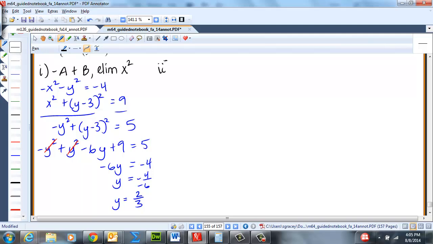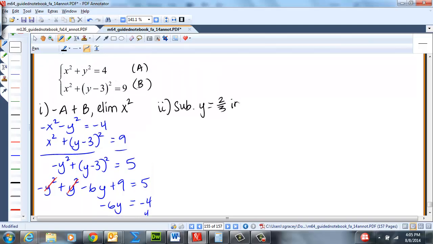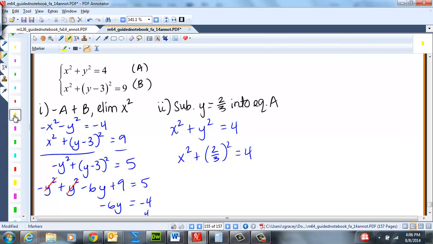Secondly, we'll substitute y equal to 2/3 into probably equation A. The original equation is x squared plus y squared is 4. So x squared plus 2/3 squared is 4. I just plugged in the 2/3 for y. That'll give us x squared plus 4/9 is 4.